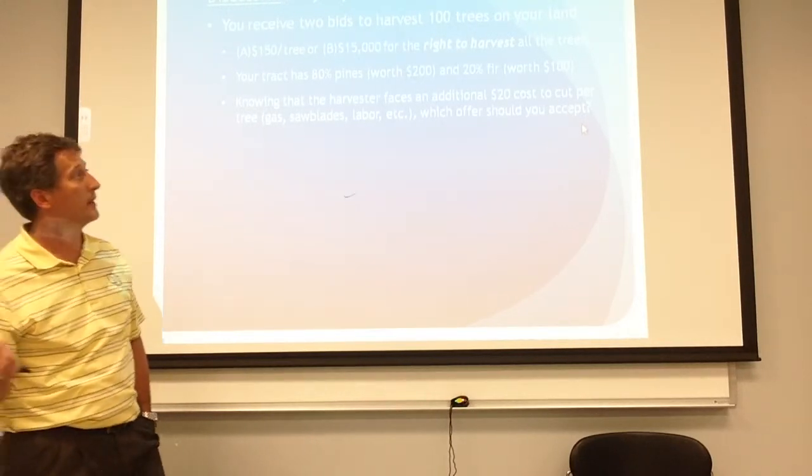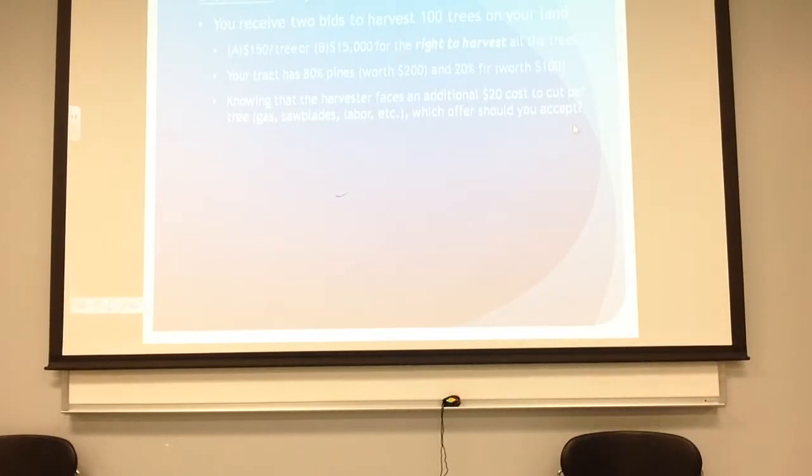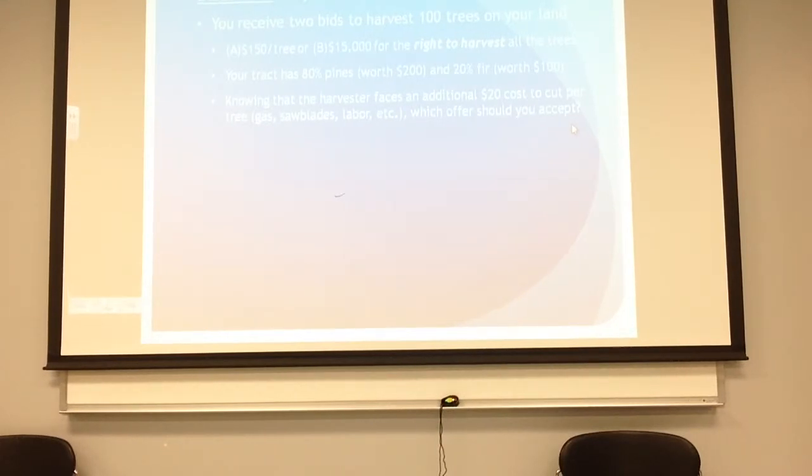Right. So if we allow this person to go in and harvest on a per tree basis, what are they going to harvest versus what are they going to do if it's the 15,000? What needs to factor in here?